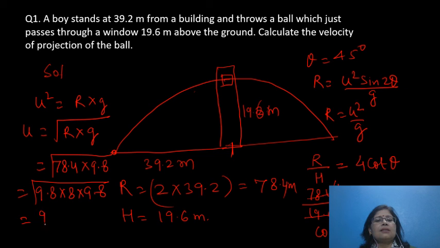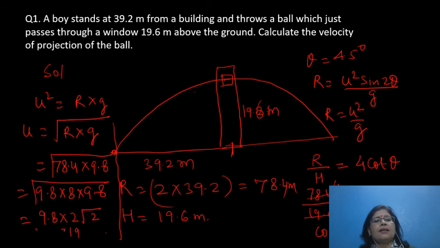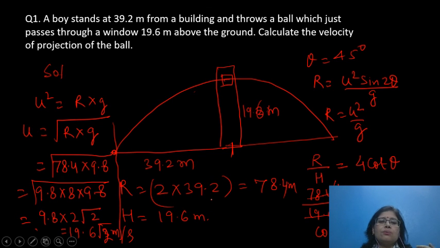So we can easily calculate: u equals 9.8 into 2 root 2, that is 19.6 root 2 meter per second. So we can do numericals in an easy way if we just understand the language of the numerical. Now students, you have to solve your numericals and ask your difficulties to your teachers. Thank you.